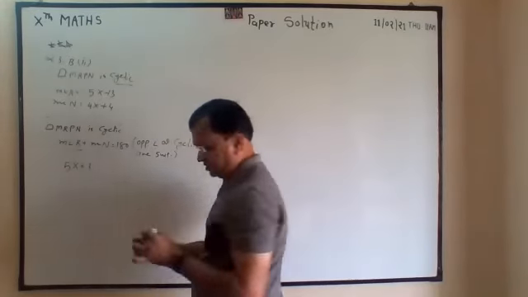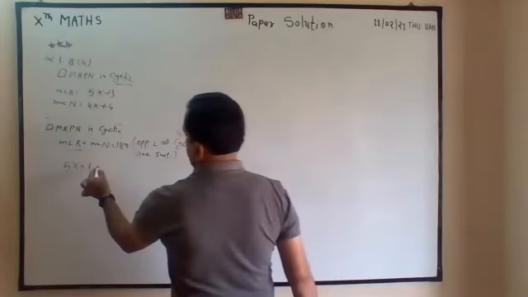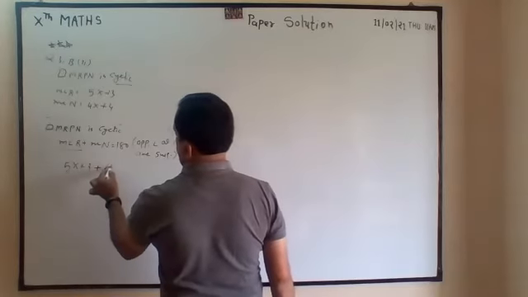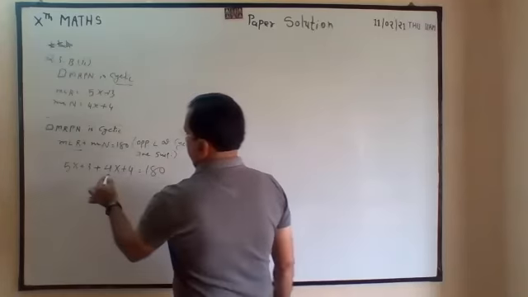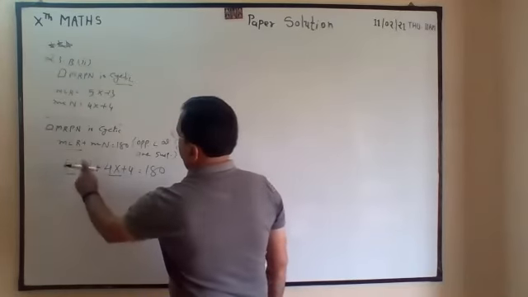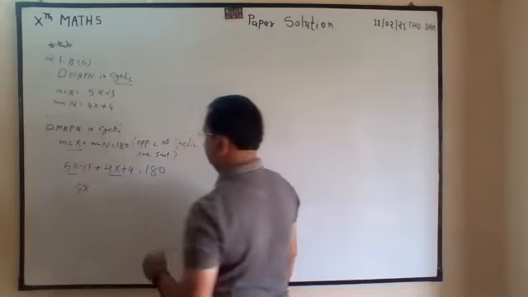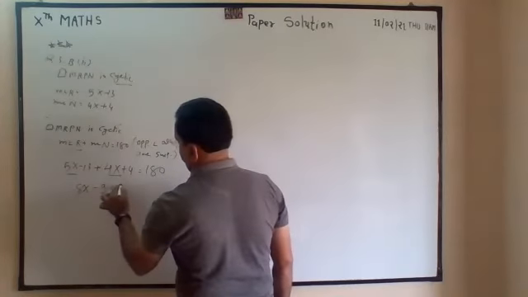5x minus 13 plus 4x plus 4. So this is 9x. Minus 13 plus 4, that is minus 9.